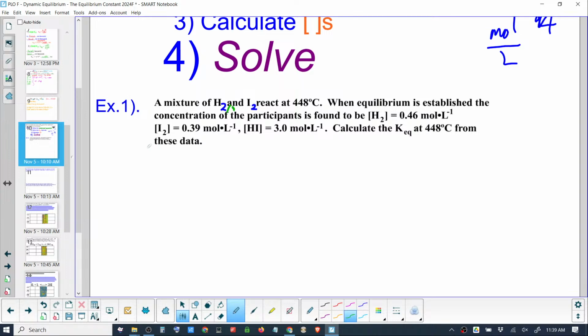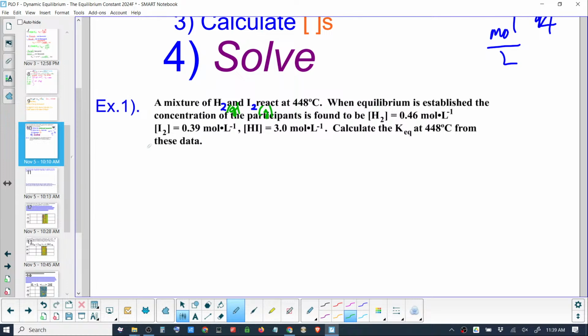Good point. You should get a really nice number. Wait, are they all gases? They are all gases. I added in gas.